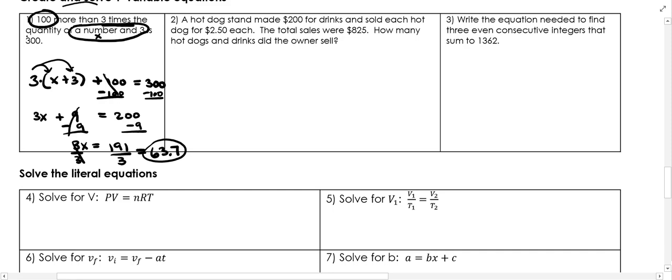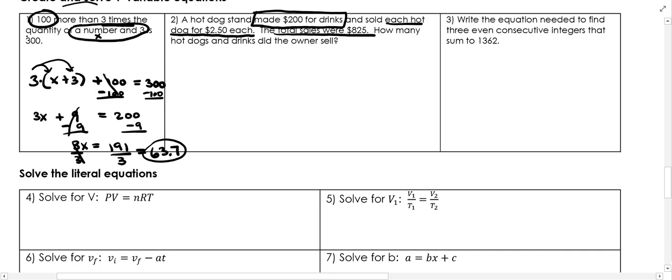All right. A hot dog stand made $200 for drinks and sold each hot dog for $2.50. Okay, so they don't tell us more about the drinks except that we made a total of $200 from the drinks. And then each hot dog was sold for $2.50. The total sales were $825.